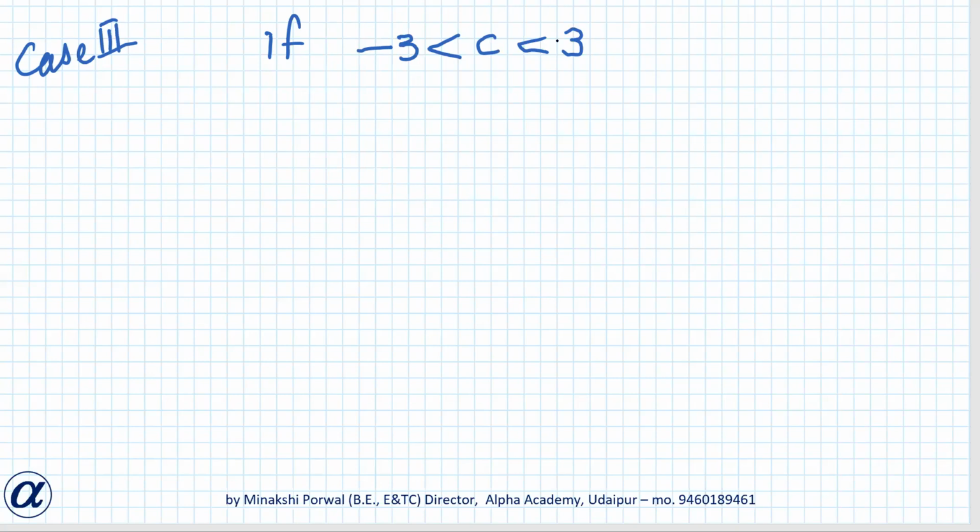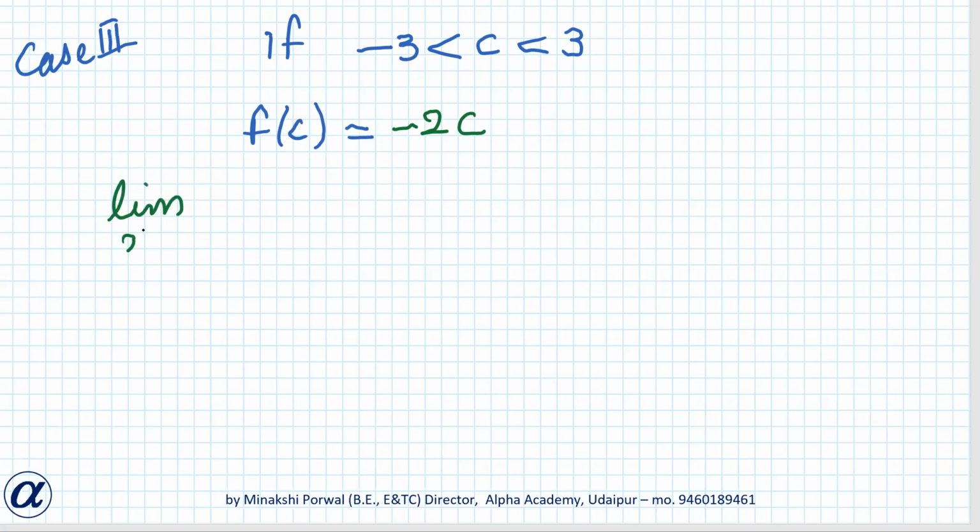Okay. So, when it is f of c, for any point c lying between minus 3 and plus 3, its value will be minus 2c, because the definition of the function is minus 2x.